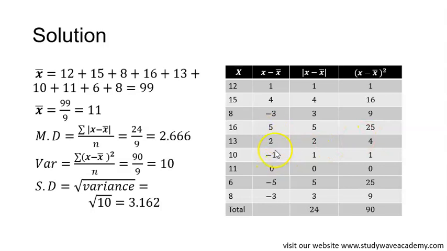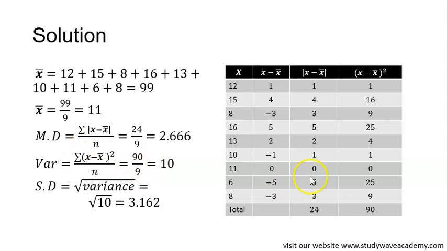Minus 1 raised to power 2 is 1 times 1, which is going to give you 1. 0 raised to power 2 is still 0. Minus 5 raised to power 2 is 25, so you have 25. And minus 3 raised to power 2 is 9, so you have 9. So we have gotten x minus x bar raised to power 2, right?